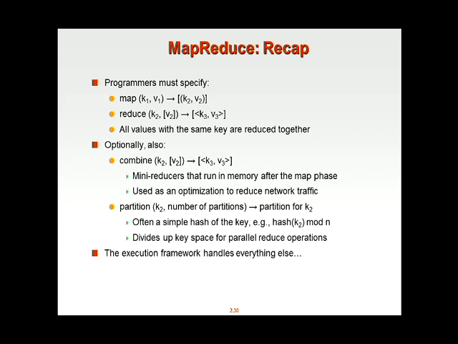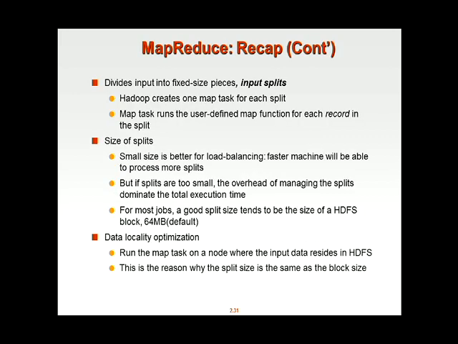It also divides the key space for the parallel reduce operations, for the parallel processing. So besides the map and reduce functions, optionally we can also define the combiner class and partitioner class to improve the efficiency and to control the load balance, which also aims to improve the efficiency.